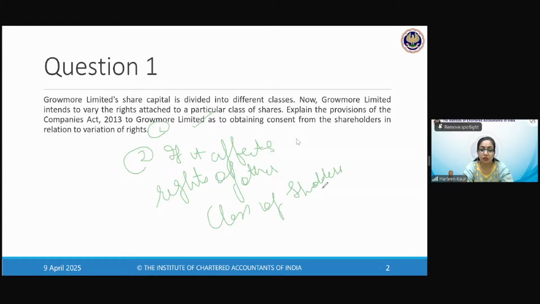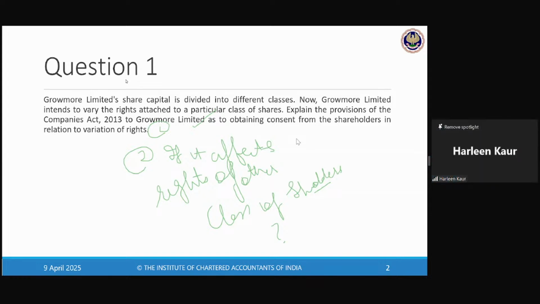Please read it as shareholders. Will it make any difference? So answer me the first part and answer me the second part briefly. I've given you 2 minutes. Everyone has to answer this.